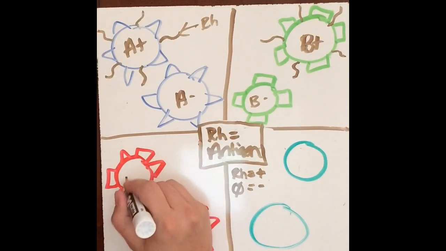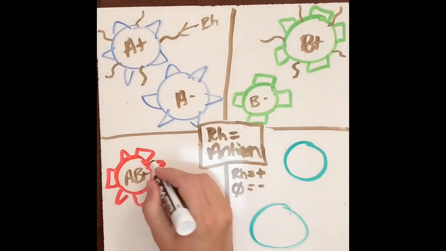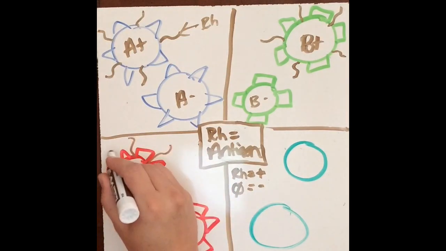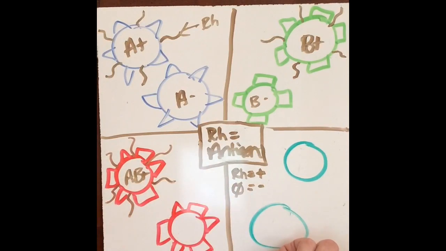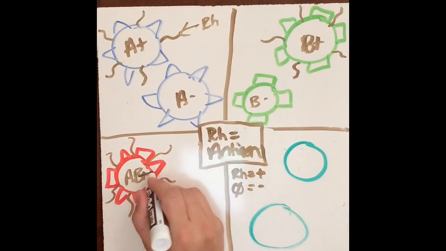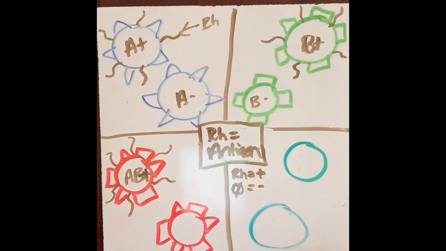If they were AB positive, they would also have the Rh factor on them. So they would have all three antigens to be AB positive. Okay? And then a person who's AB negative would just have the A and the B antigen. They would have no Rh.